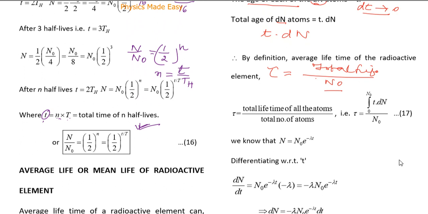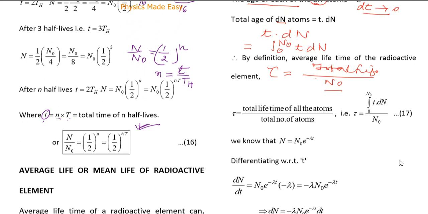The life of dN atoms is this. And now the life of N naught atoms, we will integrate from 0 to N naught t into dN. Now, this is the total life of all N naught atoms.